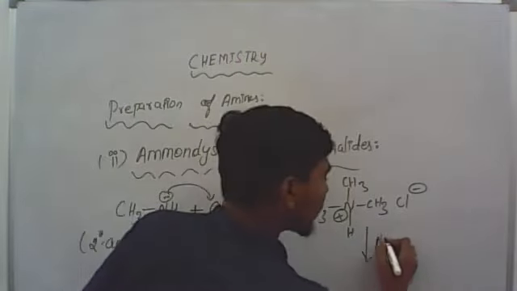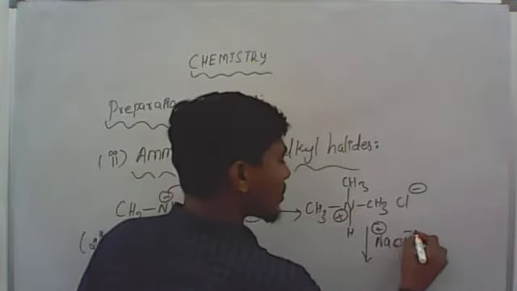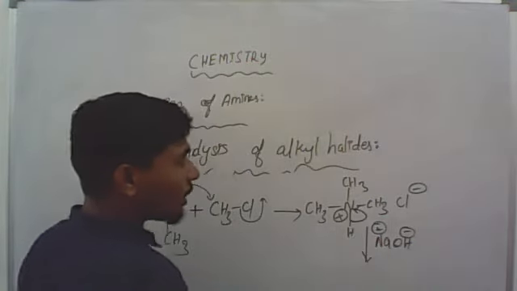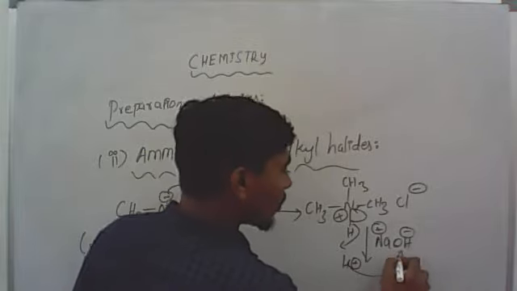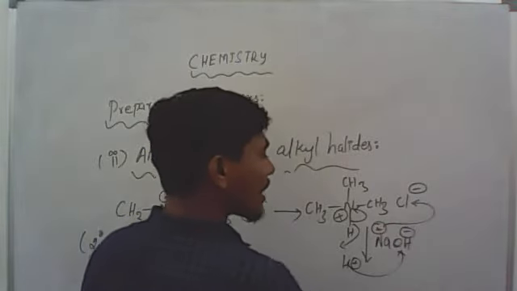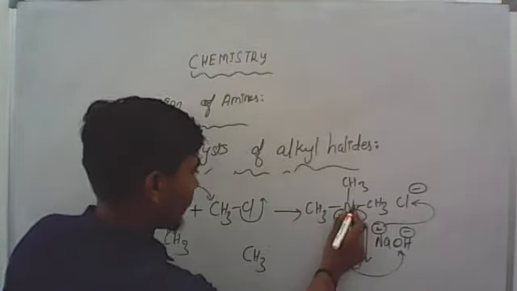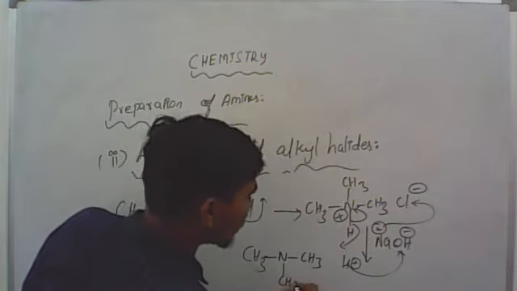Now I'm going to add sodium hydroxide. Sodium has a positive charge, OH has a negative charge. Nitrogen abstracts the electron and it leaves the H plus. These two produce a water molecule, and these two produce NaCl. The remaining terms are CH3 N CH3 CH3.